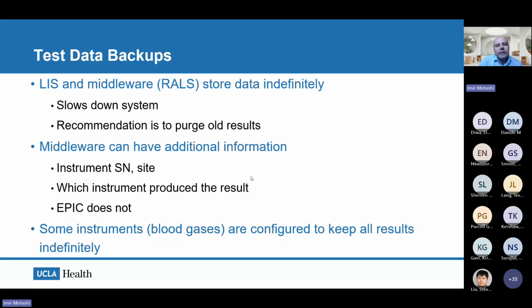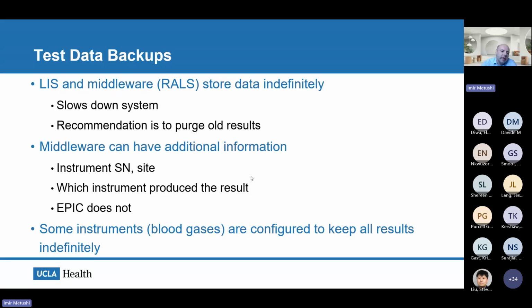So this data resides in Epic, as I said, and also resides in the middleware system. It can be stored there for very long periods of time, but there's always encouragement to purge the data because it slows down the system. However, having information on the middleware about the test that was conducted can be very useful.